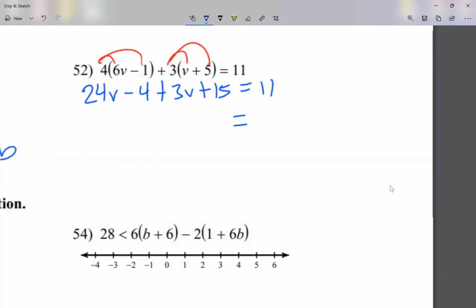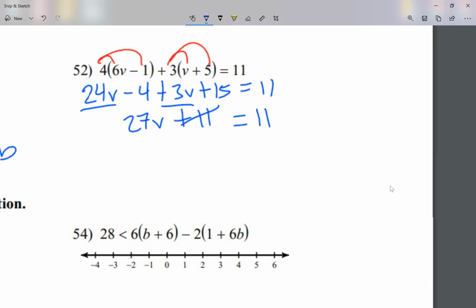So there's my equal sign. On the left side, I see some terms I can combine. 24v plus 3v, that's 27v. Then a -4 plus 15, I'm going to call that plus 11. The signs were different, so I subtracted, kept the sign of the large one, and all this is equal to 11. Okay, I want the letter by itself.